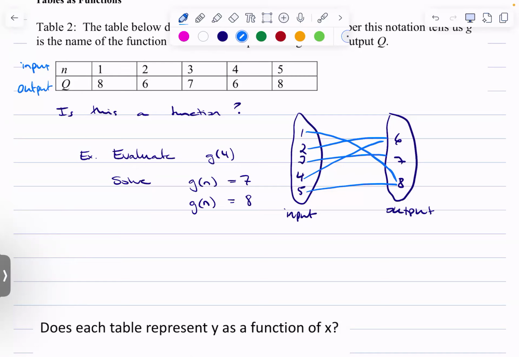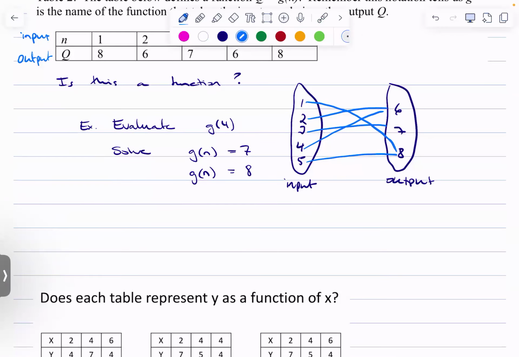This is that sneaky scenario where 1 and 5 both go to 8, but that's allowed because 1 only maps to one thing, and 5 only maps to one thing. But it's not a function moving the other way. This one is a sneaky one, but it is okay.